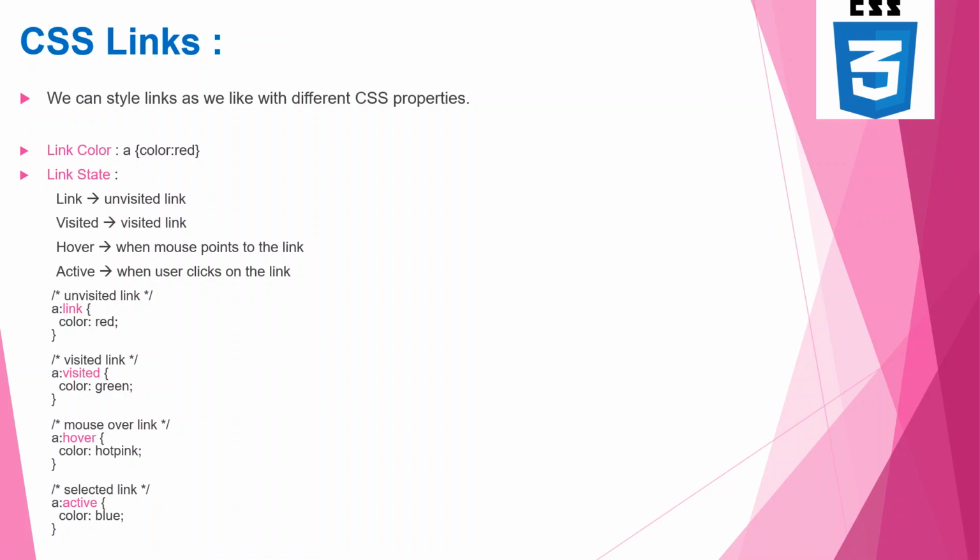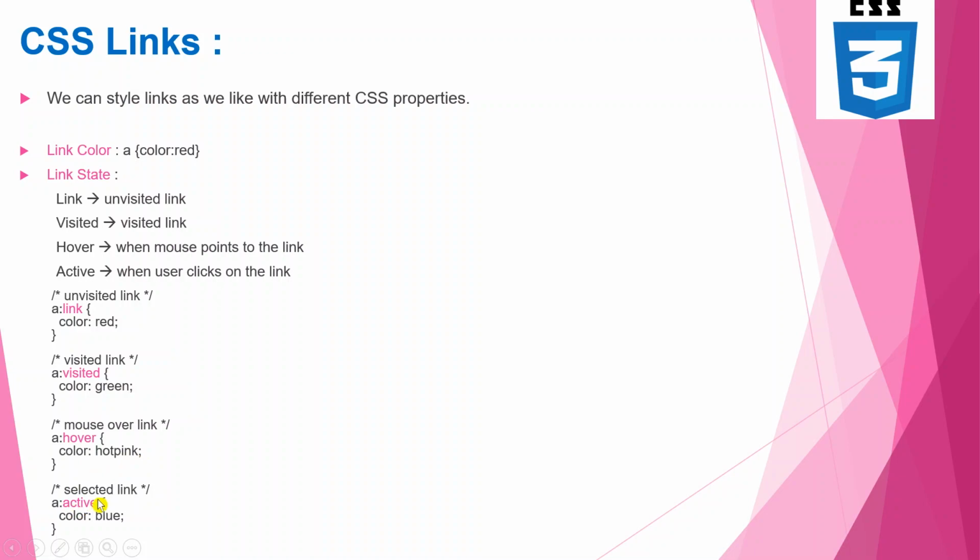In case of an unvisited link, we have pseudo-class selectors. I think we discussed this in that class, like a colon link, right? That means an unvisited link. If the link is unvisited, the color is red. If the link is visited, then the color is green. If you hover the mouse over the link, then the color of the link will change.